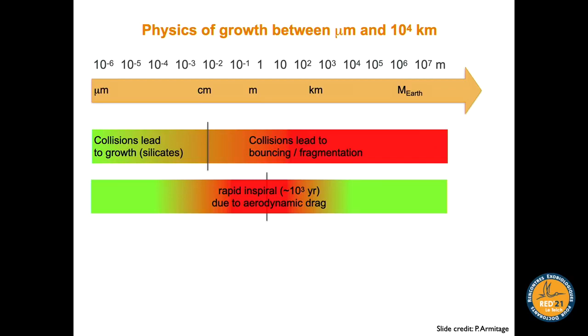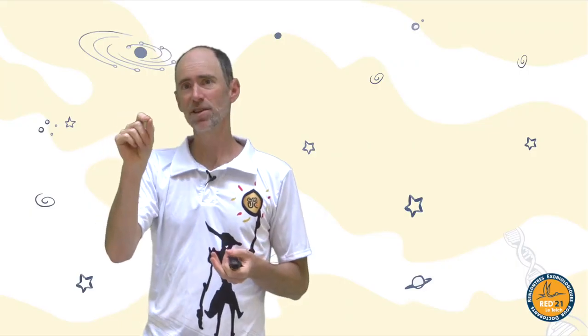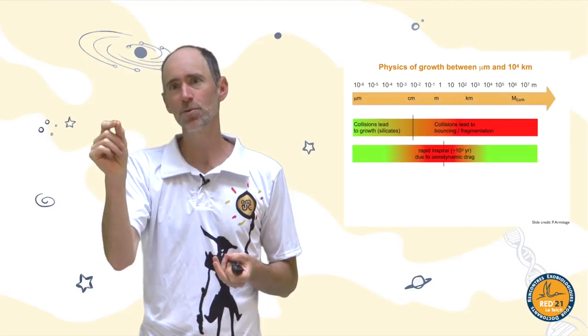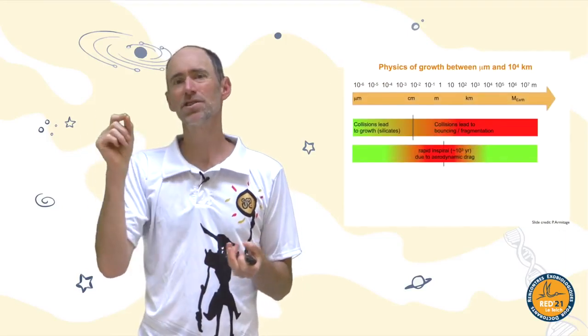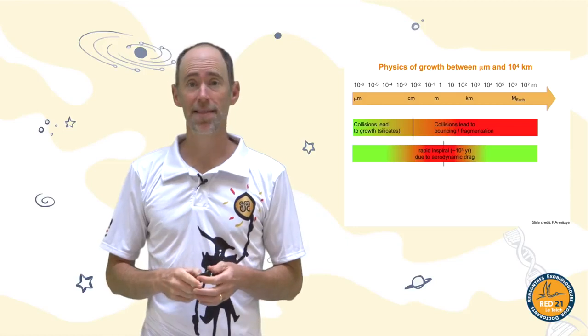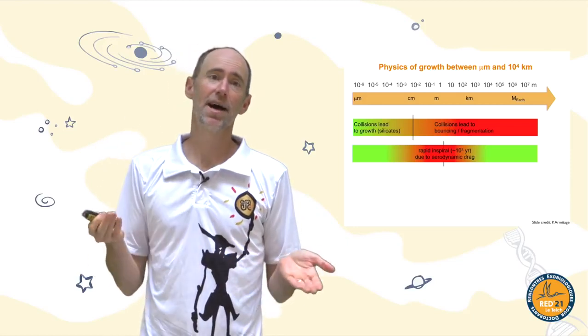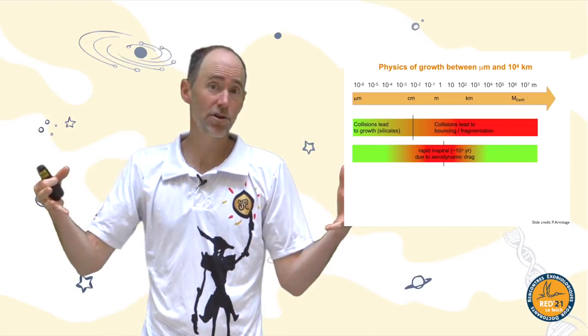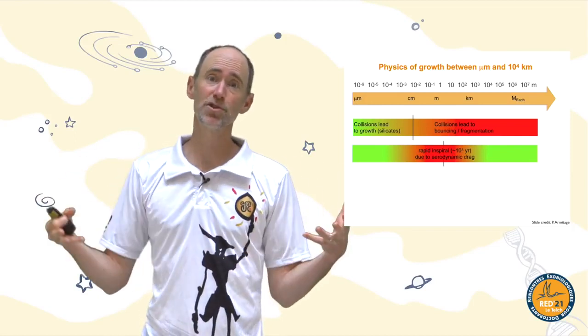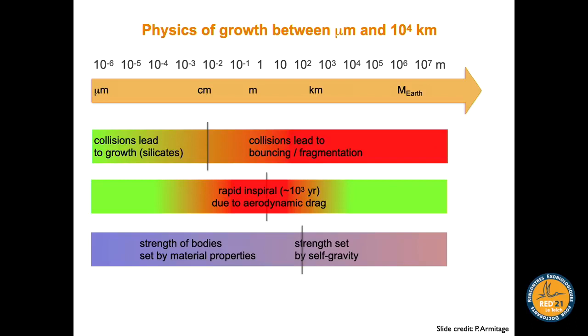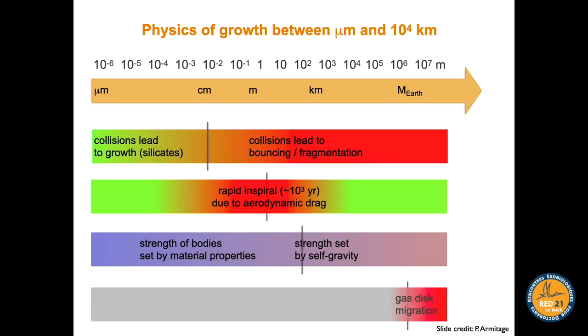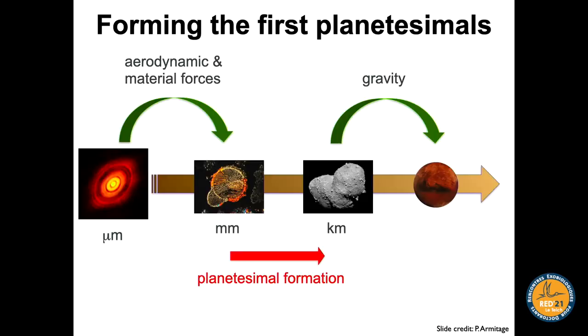What happens is they feel a headwind. Things that are very small but still feel this headwind have very little inertia, so they spiral in quickly, and the things that spiral in the fastest are pebbles. That limits how big things can grow, because if things spiral too fast, they can't keep growing. There are also other barriers to growth involving the strength regimes, but we won't talk about that. Let's just move on.